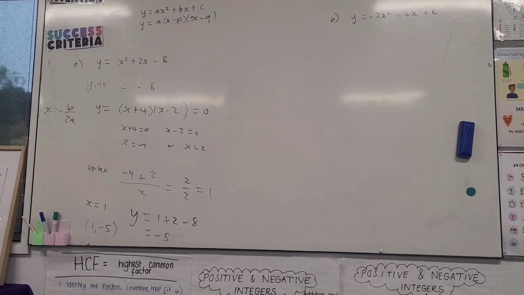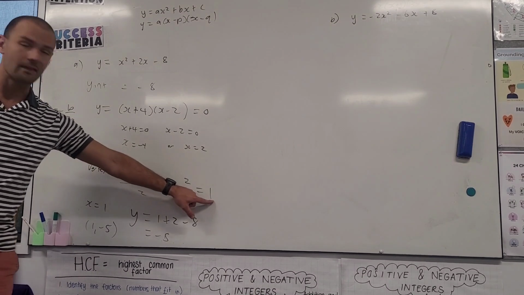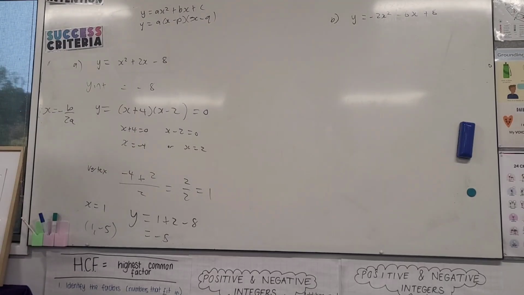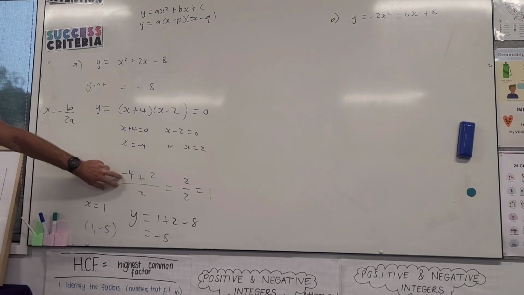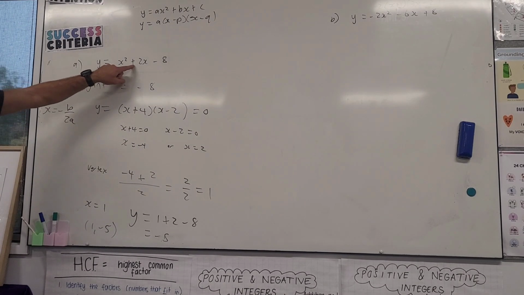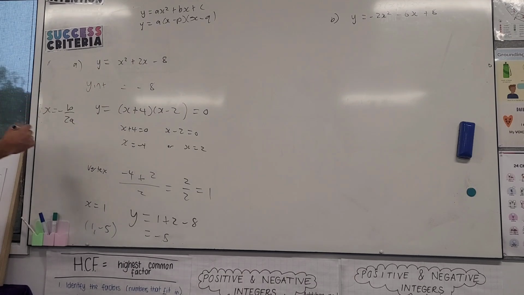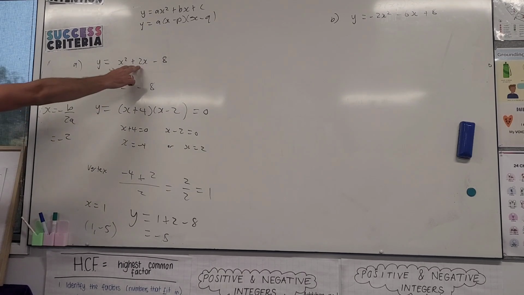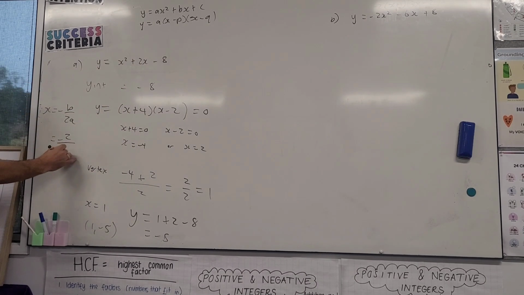This is the x coordinate of the vertex. So this is another way that we can arrive at this x value. It's either halfway between the roots, the average of the roots, or we can do -b, so -2, b is 2, divided by 2 times a, which is 1.